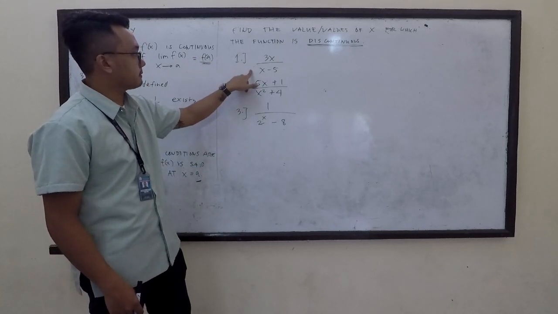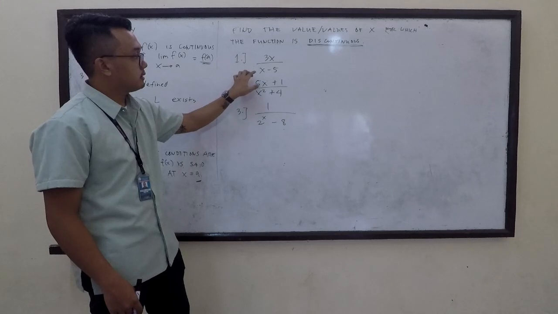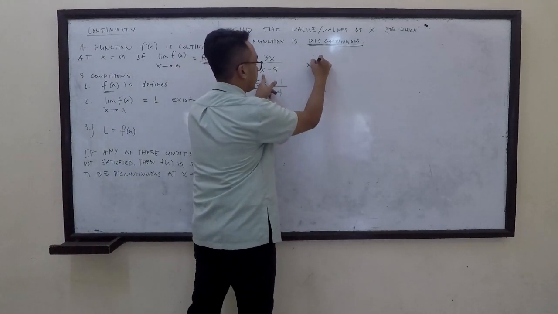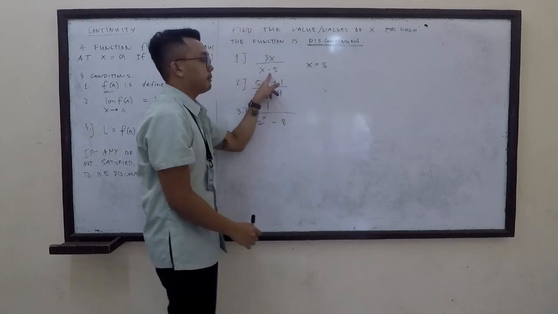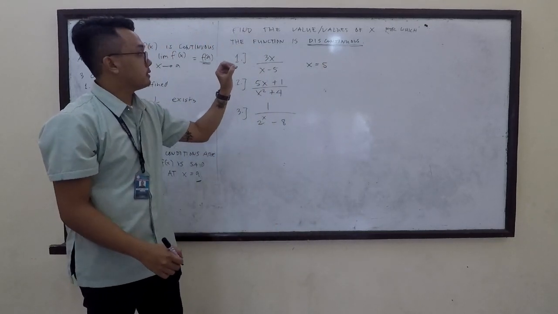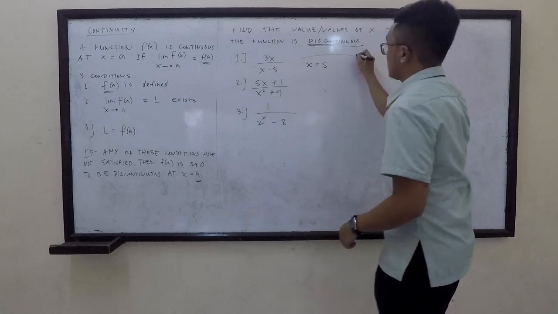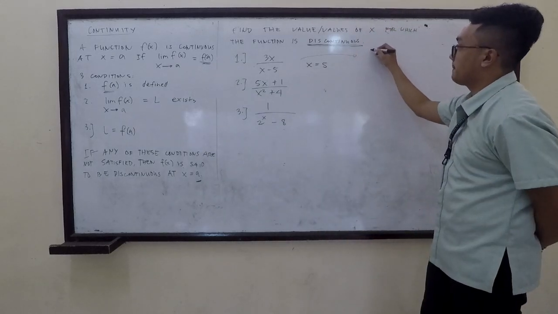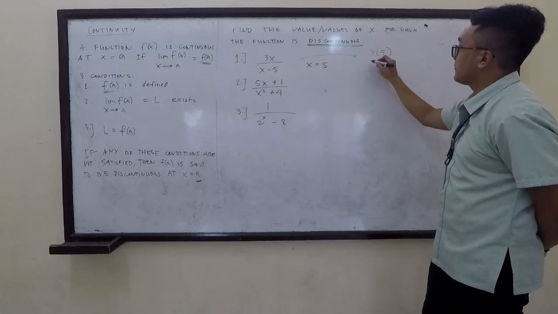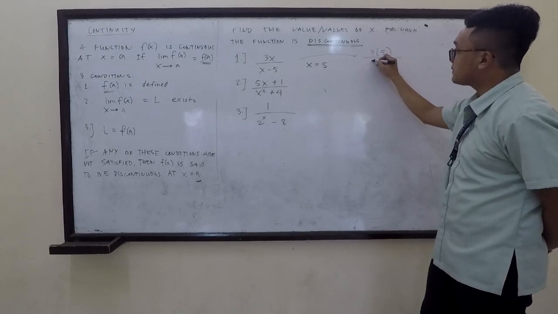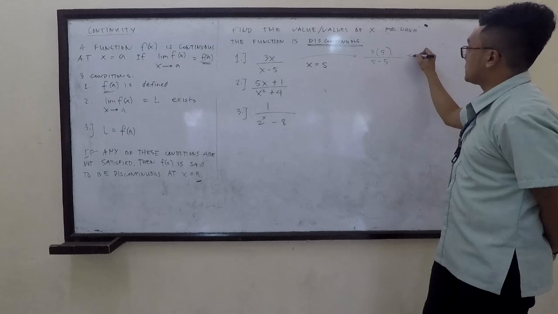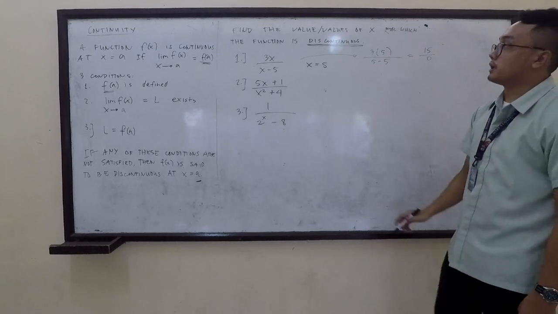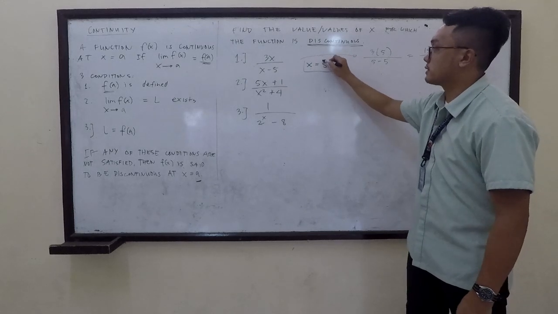So in this case, number 1, we're just going to have a value of x is equals to 5 para may 0 ang ubos. So, since x is equals to 5, may muna siya 3 times 5 over 5 minus 5, which is equal to 15 over 0. So this is undefined, so therefore the answer is just x equals to 5.